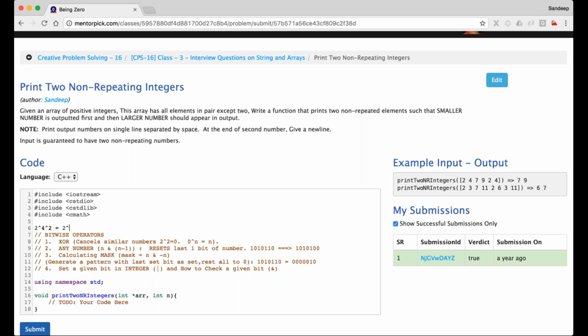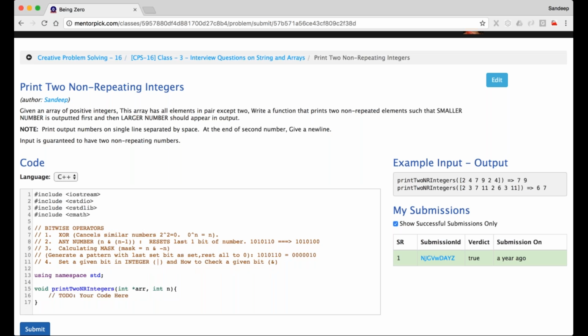The XOR operator is similar to addition, so if we do this first or this first, or we do 2 XOR 2 and then XOR 4, the answer will be the same. Here 2 will be cancelled, which will become 0, and 0 XOR 4 is always going to be 4. So XOR has this property of cancelling the similar numbers.